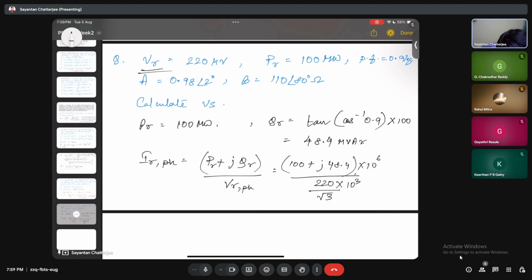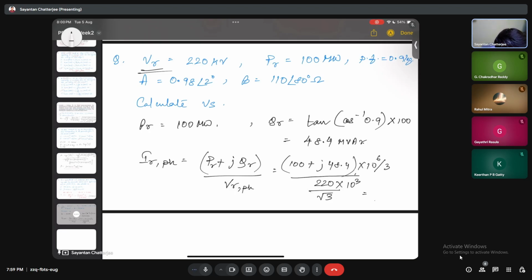This is 6. So then entire thing is divided by 3. So to calculate this value, we will get some value. So we will have to calculate, and I hope you are getting this correctly.